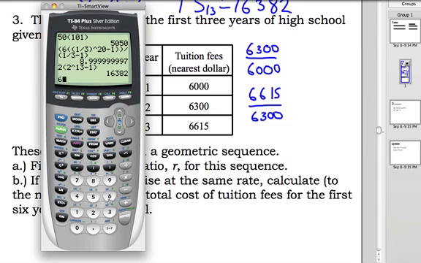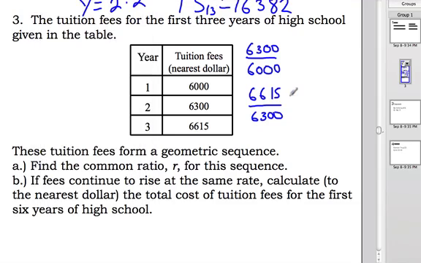So let's see what we get here. 6,300 divided by 6,000 is 1.05. So it looks like the rates are going up 5% per year. Let's double check with the next one as well. And we do get, yes, 5%. So 1.05 is r, the common ratio.